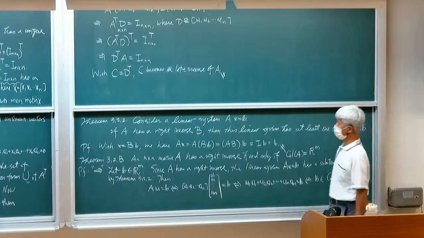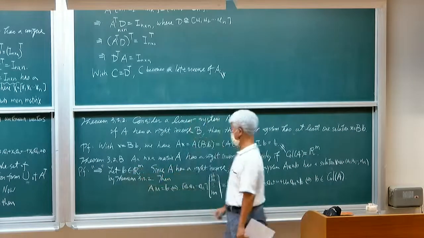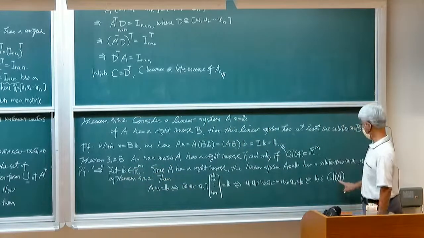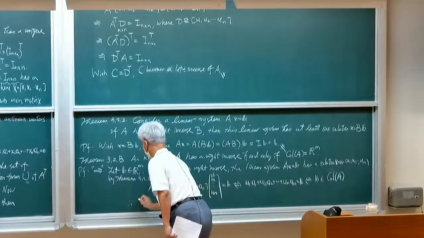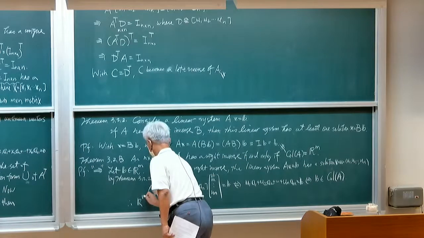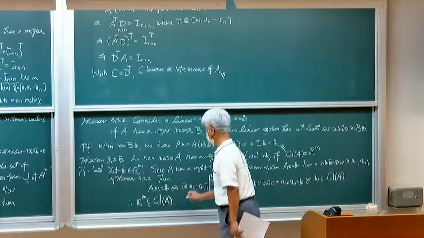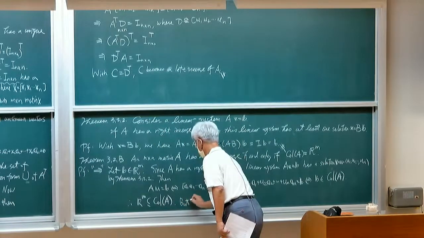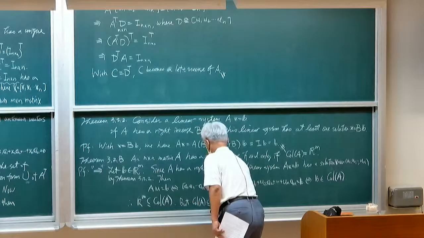So every vector in Rm must be in the column space of A, so this shows that Rm is a subspace of the column space of A. But as we know, the column space of A must be a subspace of Rm.